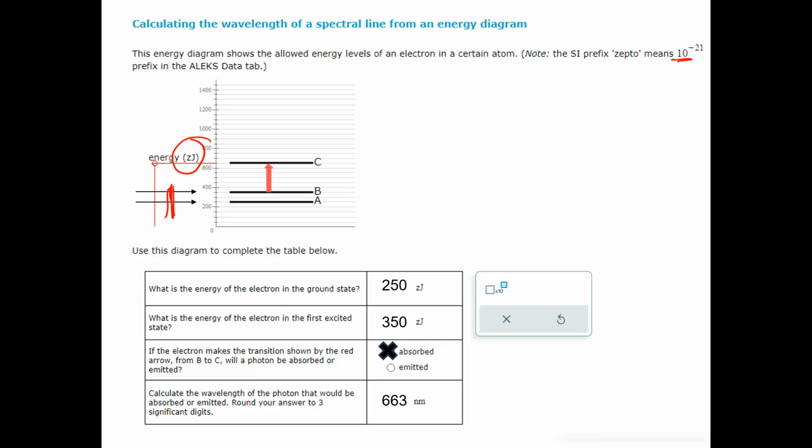So the first thing we're going to do is calculate the energy. So it ends up at 650 zeptojoules, and it started at 350 zeptojoules. So that means that 300 zeptojoules must have been absorbed.